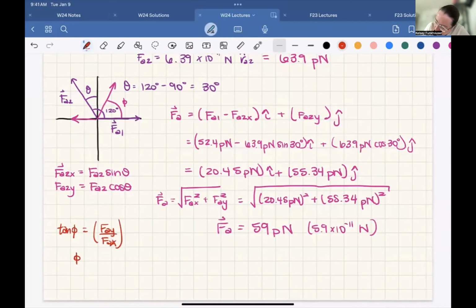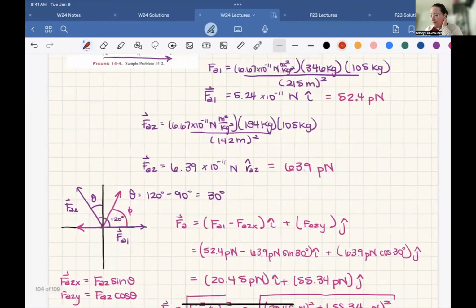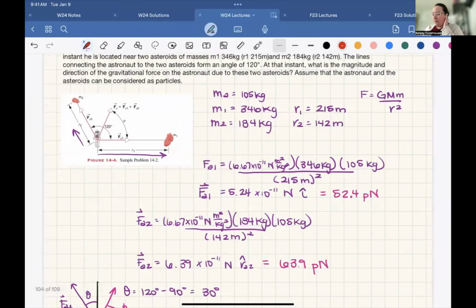And the angle phi is tangent inverse of 55.34 piconewtons divided by 20.45 piconewtons. And that is an angle of 69.7 degrees.